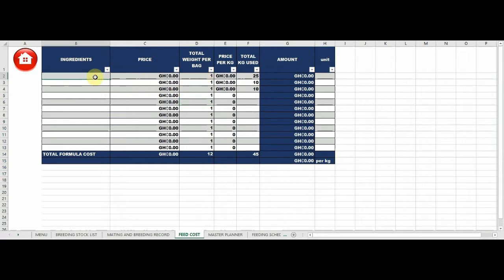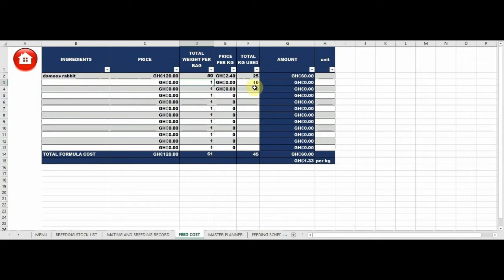Then let's say I want to use Damus rabbit feed. Maybe you bought it at a price of 120, and the weight per bag was 50 kilo.